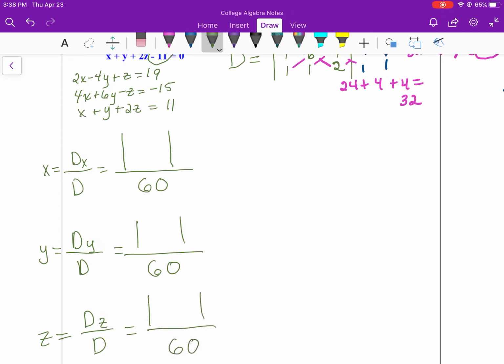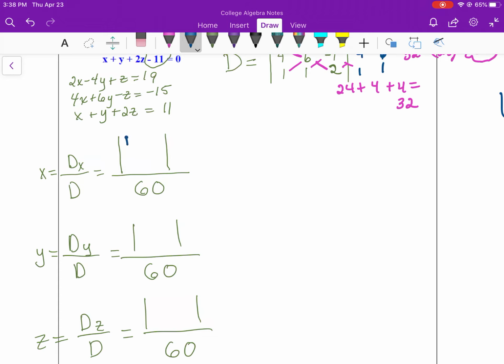Okay, so here's what I'm going to do next. If I'm finding x, 19, negative 15, and 11 go in the first column. If I'm finding y, they go in the second column. If I'm finding z, they go in the third column. Okay? And then from there, I just copy up the other 2 columns.